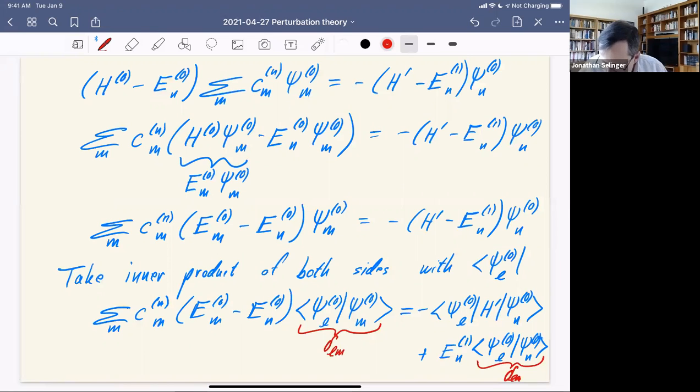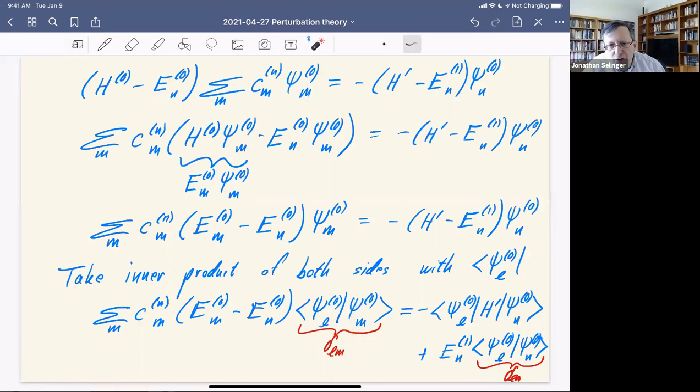So now we can do the sum on the left side. This is a sum over the index M, but one of the factors in here is this Kronecker delta.